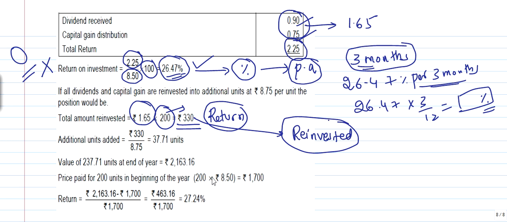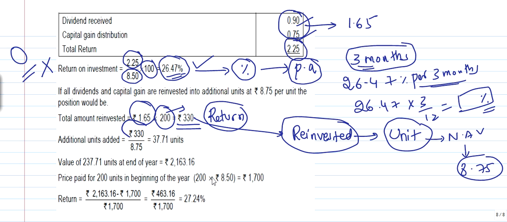Reinvestment is in units, so you need NAV. NAV is given as 8.75, so for 330 you will get 37 units. This is divided by NAV. So 37.7 units will increase. So 200 plus 37.71 at the end of the year.